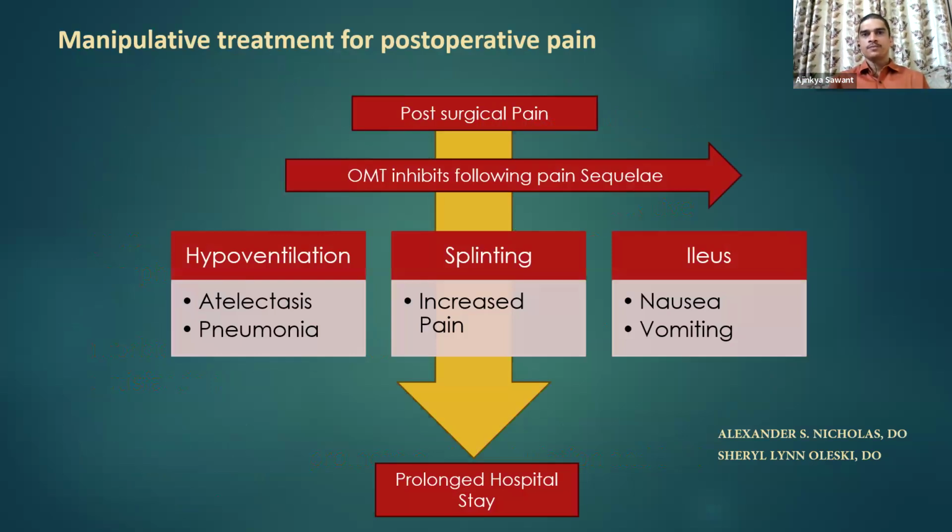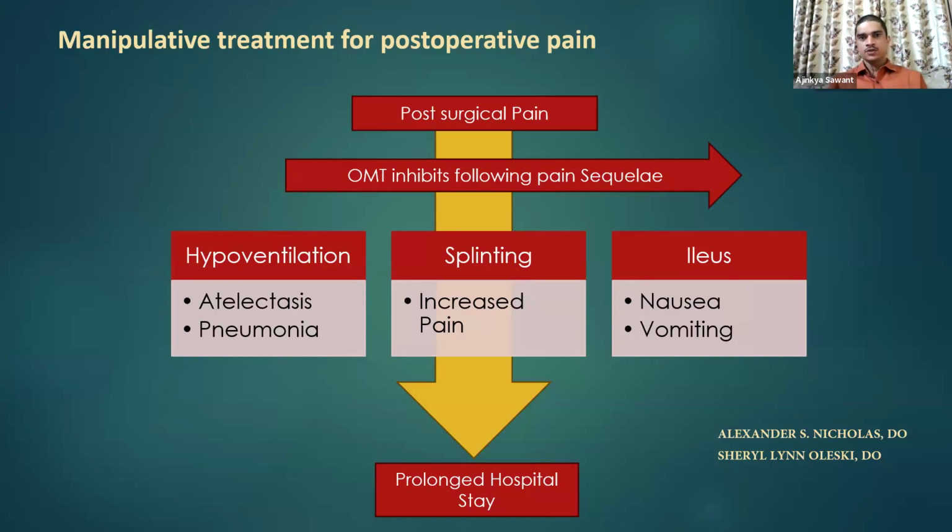What happens in post-surgical pain and what does OMT inhibit among the following pain sequelae? What happens in post-surgical pain if it is chest or heart kind of surgeries? Then atelectasis, pneumonia, hypoventilation, which can cause prolonged hospital stay. Splinting here is not actual splinting of a part, but splinting is immobilization, being confined to bed.